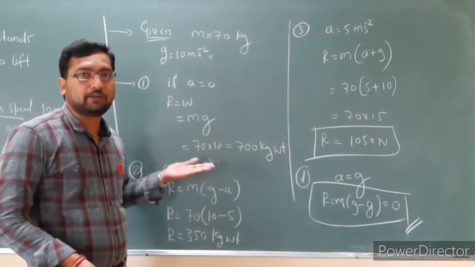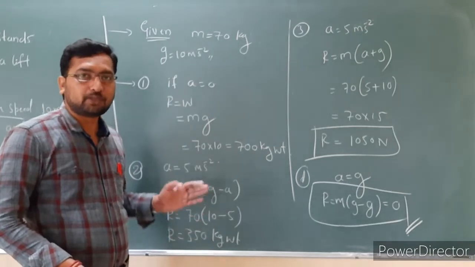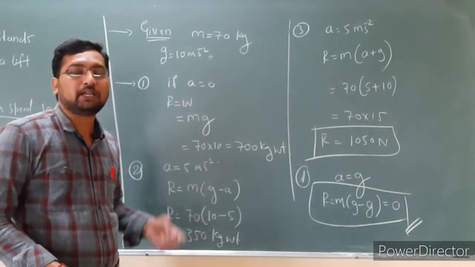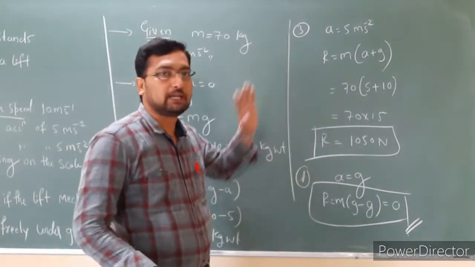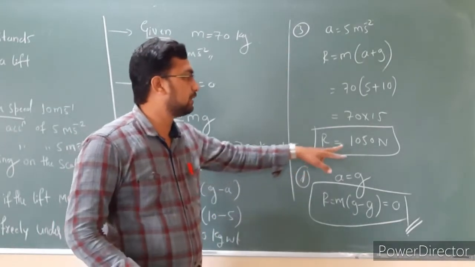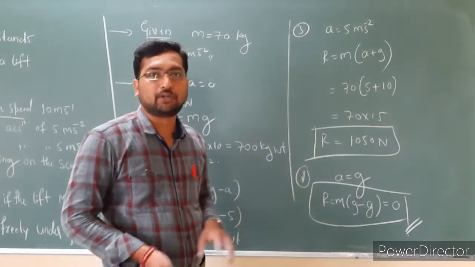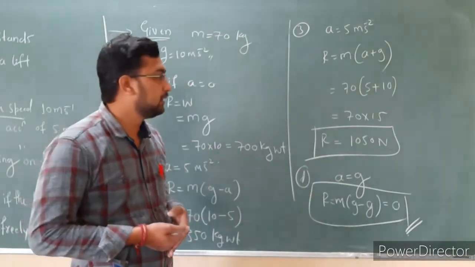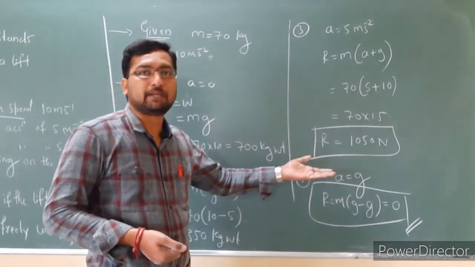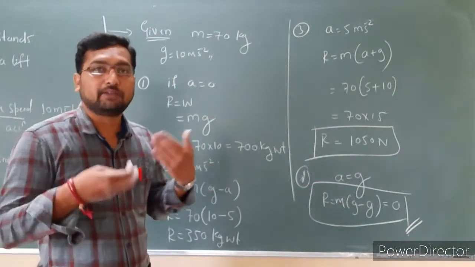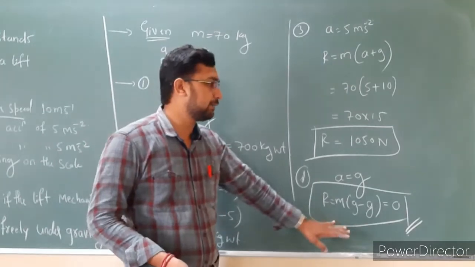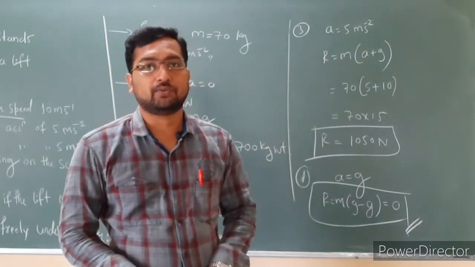Similarly, when the lift is moving in the upward direction, its weight becomes 1050 Newton or kg weight, so the apparent weight of the person increases. If the lift falls freely, the apparent weight of the person is 0.